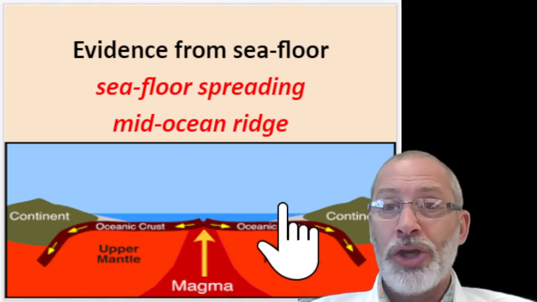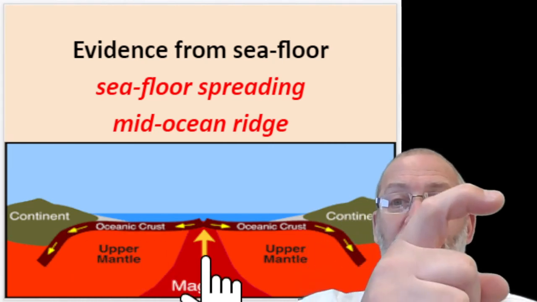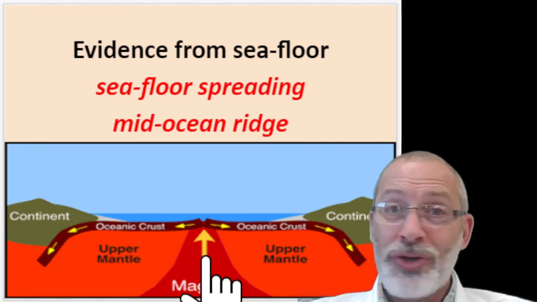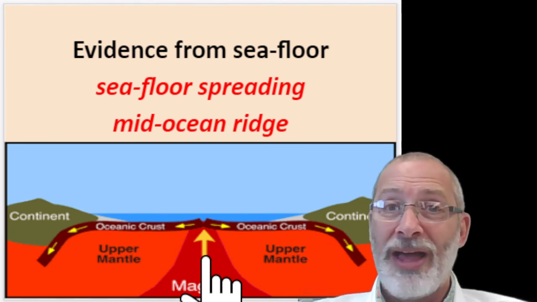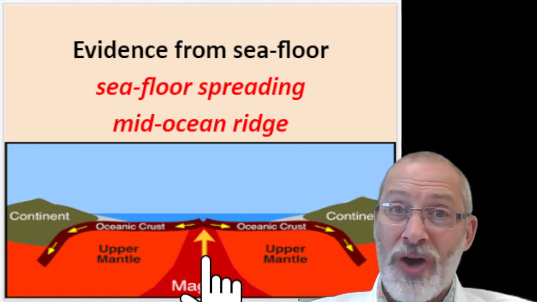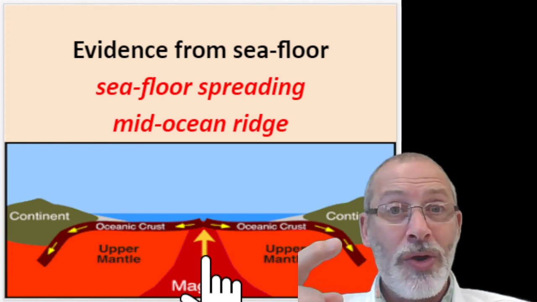North America and Europe are moving apart about as fast as your fingernail grows. That's right. You can measure the growth of your fingernail. Yeah, it takes time, but you have to snip your fingernails every so often, right? And in the course of a year, it might go a couple of centimeters.